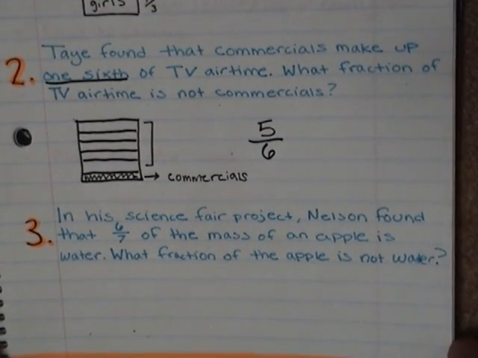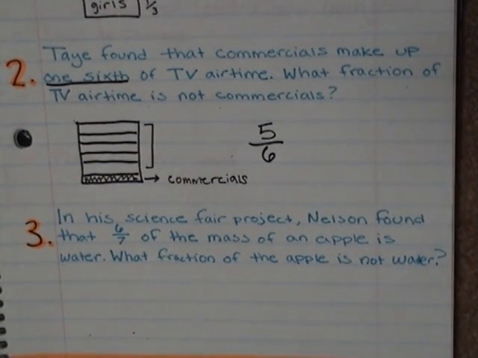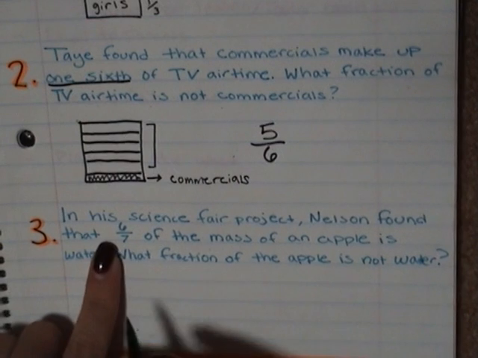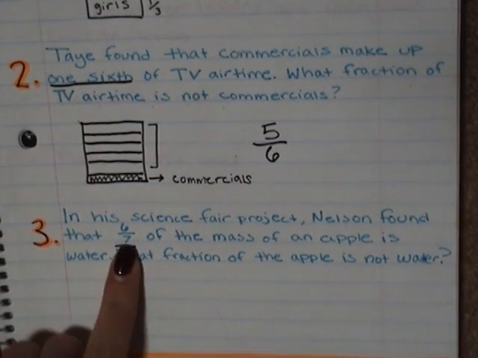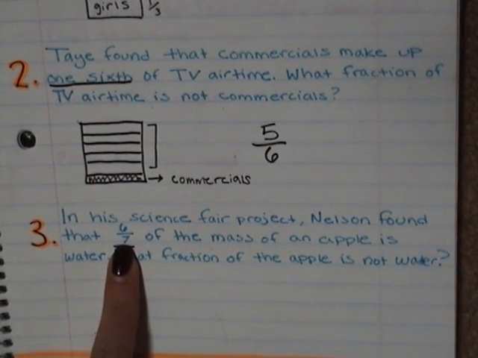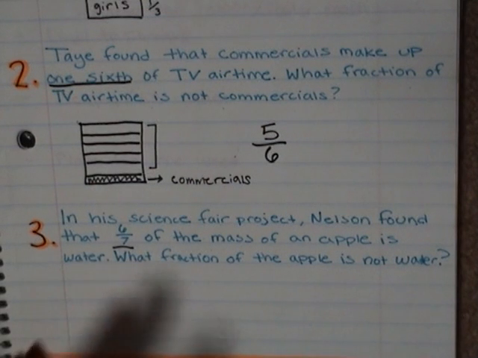Alright, in his science fair project, Nelson found that 6/7 of the mass of an apple is water. What fraction of the apple is not water? Alright, and again, I just like to draw diagrams because they are easy to read. So if I look at my fraction, which is 6/7, the bottom number, the denominator, is telling me how many pieces it is out of.